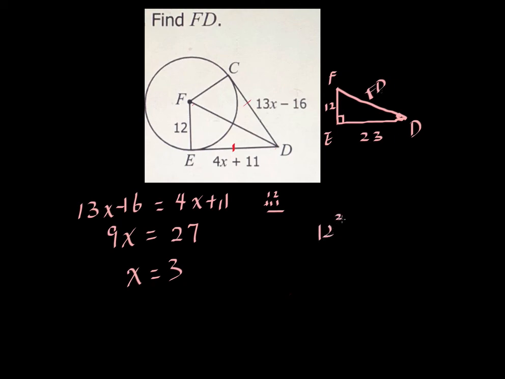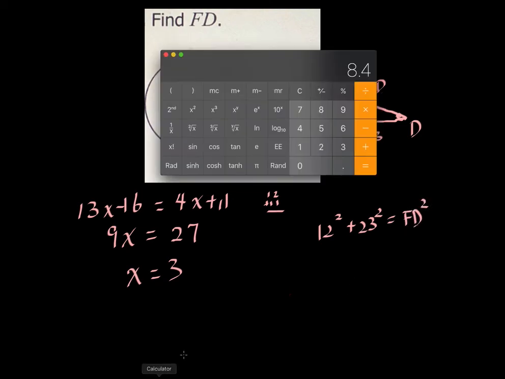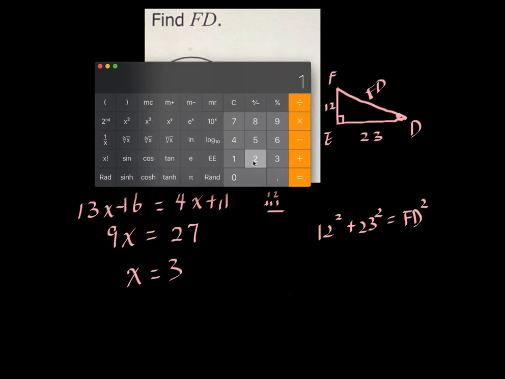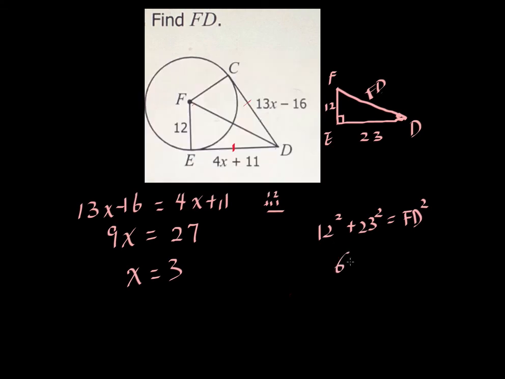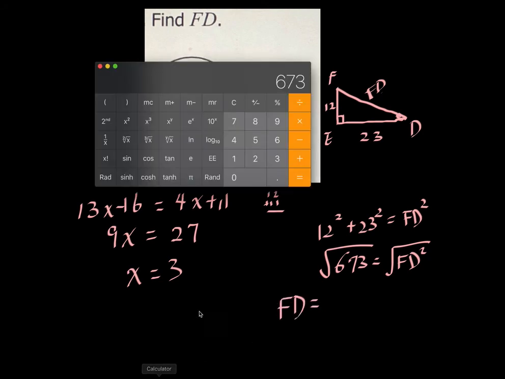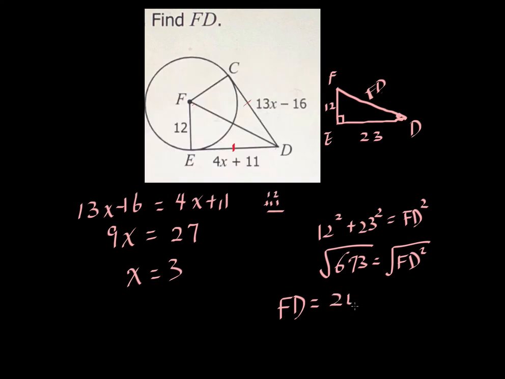So we have 12 squared plus 23 squared is now equal to FD squared. That's 673. So 673 is FD squared, but I could square root that to find what FD is. So it's 25.9, approximately 25.9.